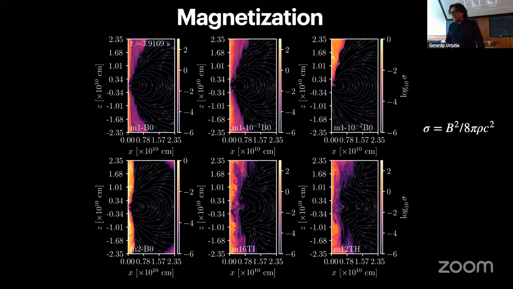But we also got this interesting structure where the simulation starts with a magnetization of 10 to 12, and we produce a non-symmetrical jet. It's a non-bipolar jet here, and it's not finished as highly magnetized as the others.